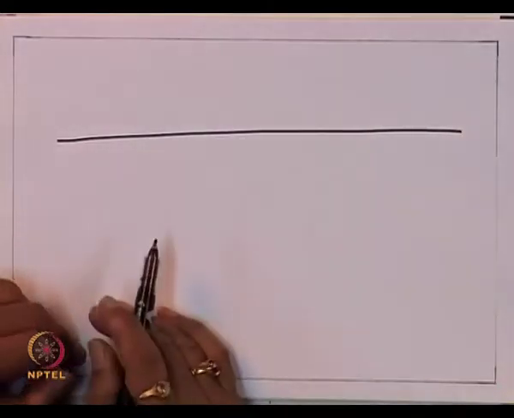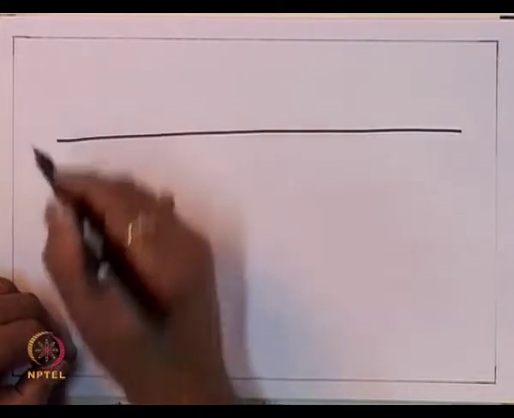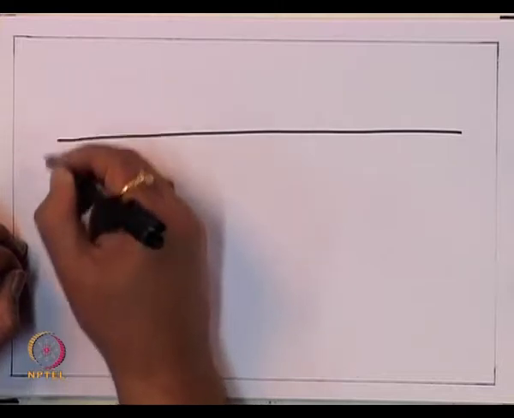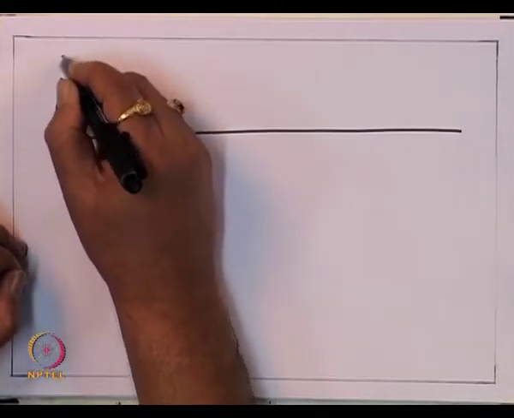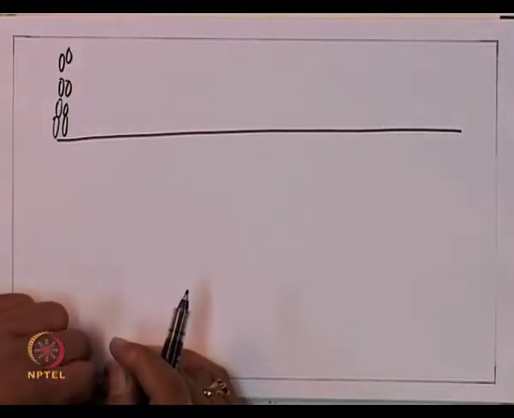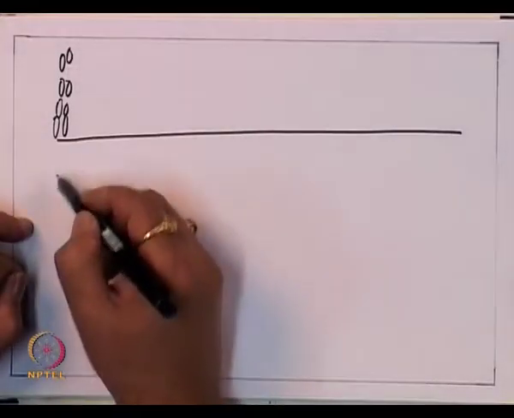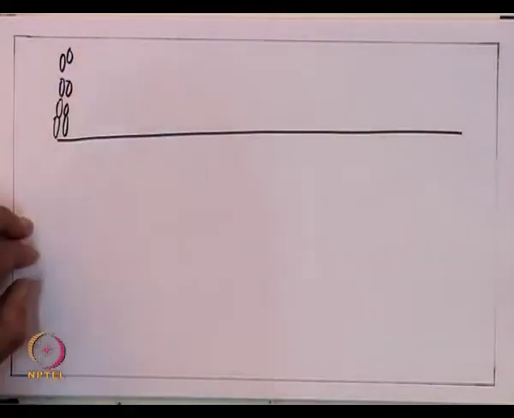So, let us say we are having a marathon race. You have a ground, and a lot of people are collected here to participate in the marathon race. Everybody was accumulated here at the start. Now, once the marathon race starts, in this crowd there are some runners who are fast running and some who are slow running.